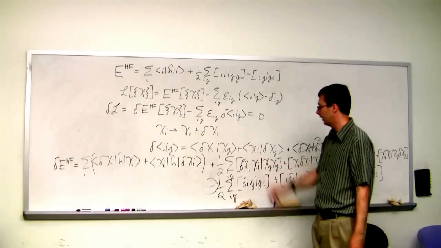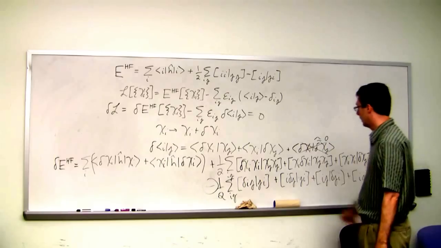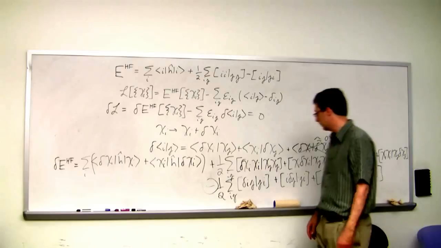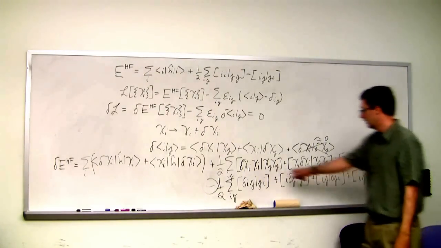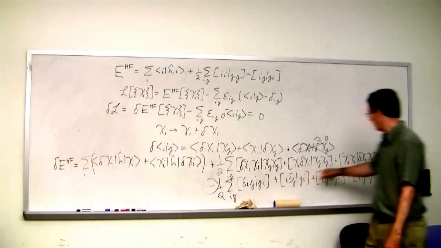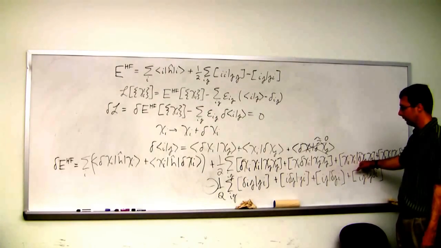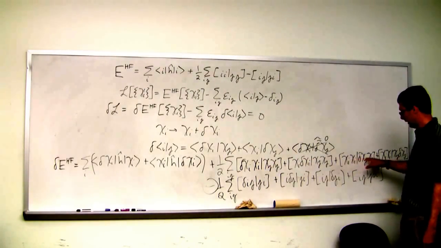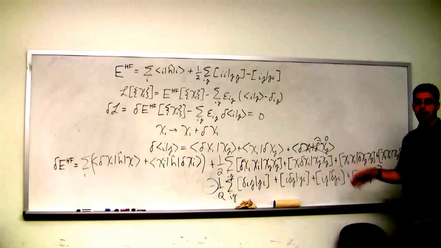So maybe I can use that to simplify some things. Let's see. If I flip left and right, do I get a term that looks like something I already have, and can I combine them? Close, yeah. This guy looks a lot like this guy. Now there is another difference though. This is I's and that's J's. If I flip-flop them, then I'd have J's and I's, and that wouldn't quite match.